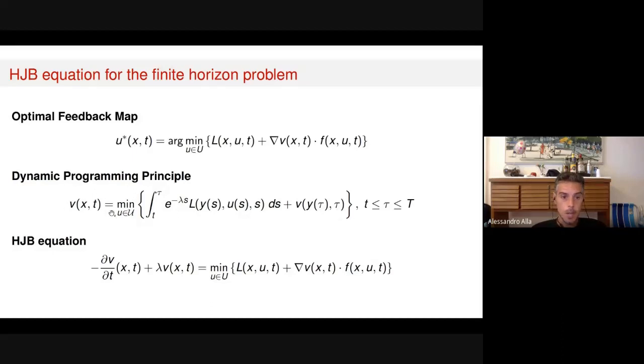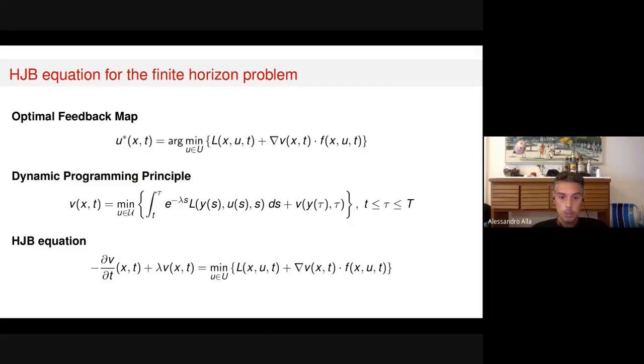And from the dynamic programming principle, we derive the so-called Hamilton-Jacobi-Bellman equations. You see, this is actually a PDE, and this is a time-dependent PDE, of course. This is a backward hyperbolic nonlinear PDE.